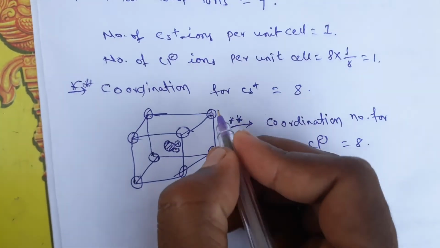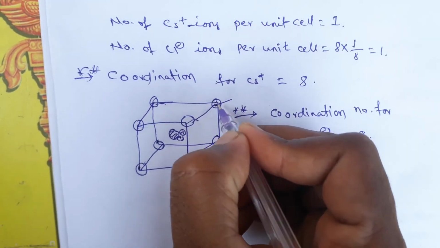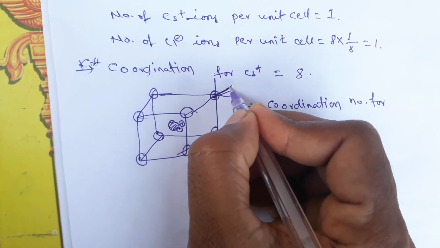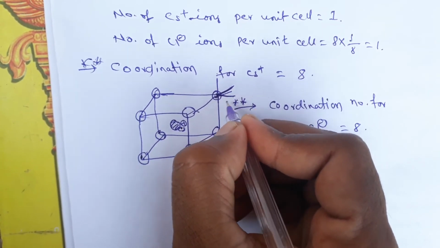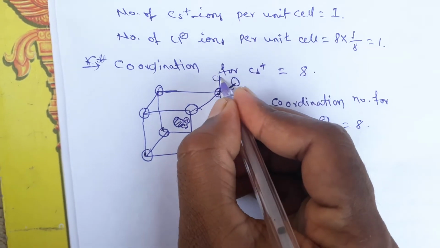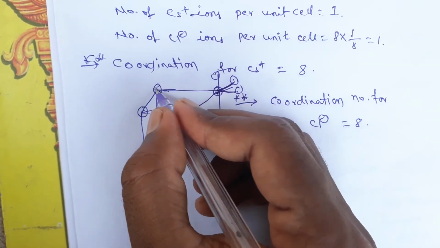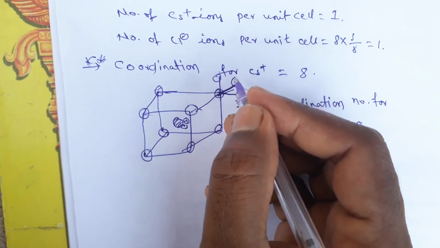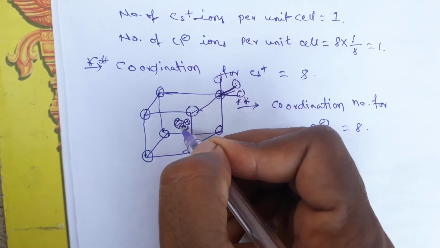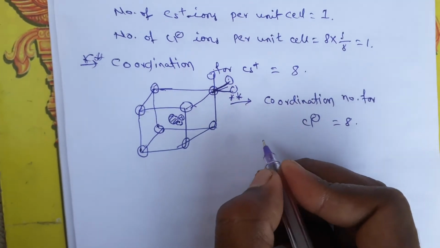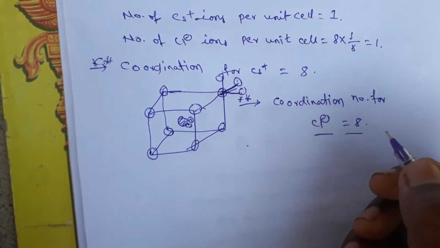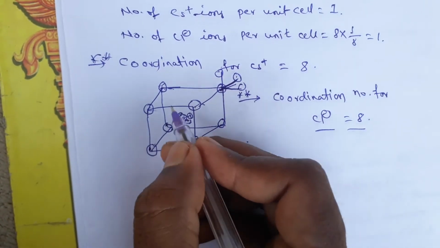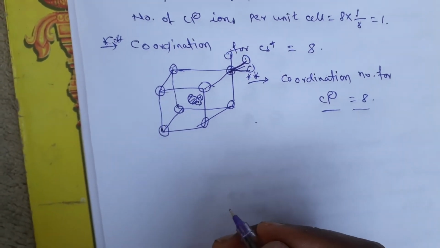Because if you take one Cl minus, then this side will give 6 atoms, 1 2 3 4 5 6, and due to Cs plus from another unit cell, the contribution is 1 atom, 7, and this one 8. So in total that is also 8. So chloride ions also 8. If you imagine Cl minus at the center, then you will get the same coordination number of 8.